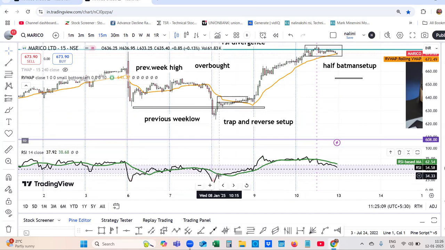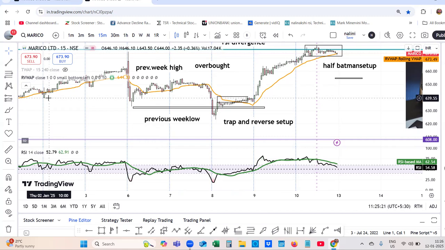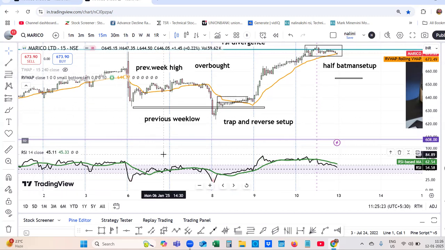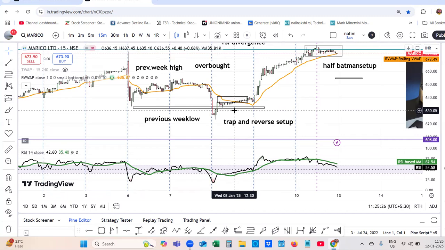You have to combine all your analysis for this setup with the RSI, as well as the time-wise weighted average price and the rolling volume weighted average price. These are all related to the price.